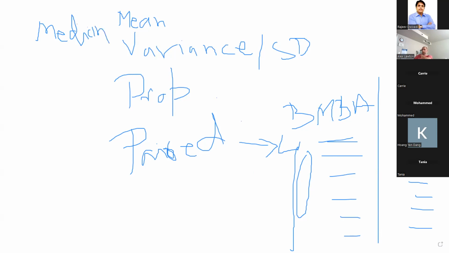Somebody is having blood pressure before the medicine, and then after 2 hours of medicine, you observe 50 different people before and after prescribing the medicine. And then you can say yes, there is a significant decrease in blood pressure after prescribing this medicine. So you understand this is a paired sample.